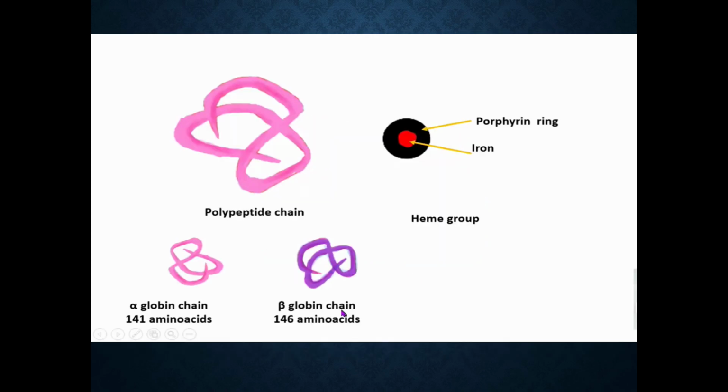Usually heme is made up of 2 things, that is iron and a protoporphyrin ring around it. And the globin chains are made up of 2 alpha chains and 2 beta chains. The alpha chain usually contains 141 amino acids and the beta chain usually contains 146 amino acids. These globin chains are protein chains.